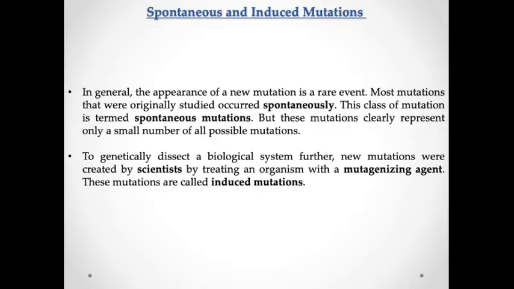Another side, to genetically dissect a biological system further, new mutations were created by scientists by treating an organism with mutagenizing agents, and these mutations are called induced mutations. Those done by inducing with mutagenizing agents are called induced mutations, and spontaneous ones happen on their own.